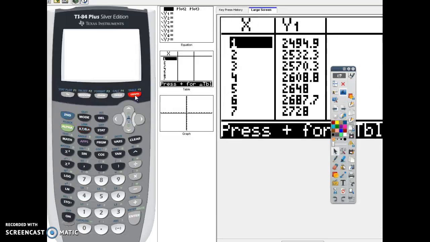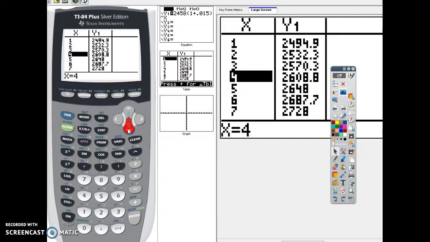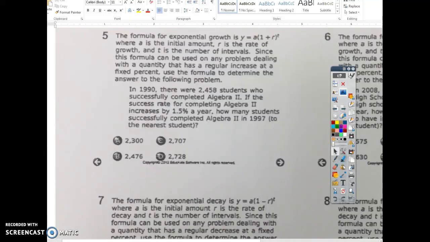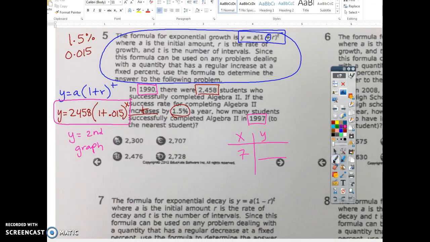Second graph takes you to the table. Go look at 7 years. And that's how much you're going to have at 7 years in 1997. 2,728. Okay?